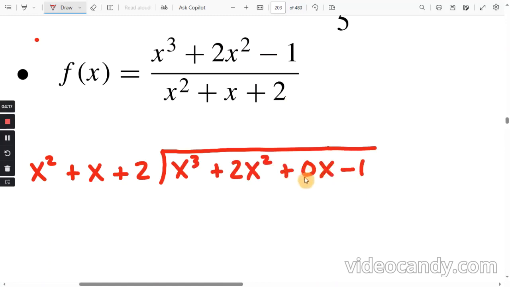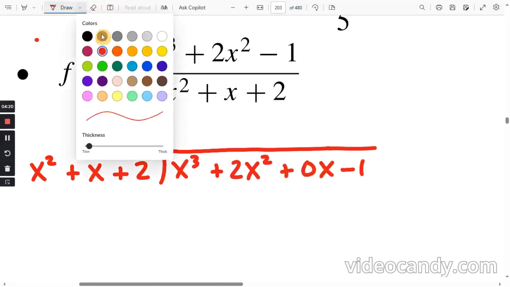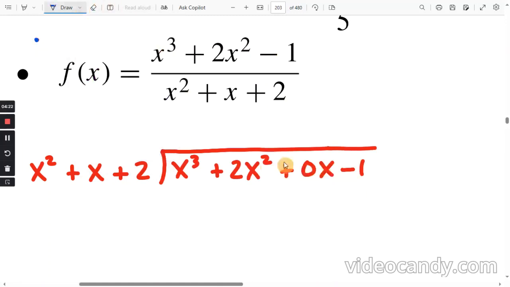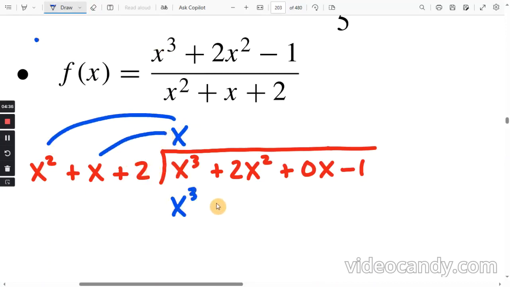Okay, 0x is just 0. Plus 0 won't change anything, but it will make it line up. All right, x to the third divided by x squared is just x. Distributing, x times x squared is x to the third. X times x is positive x squared.